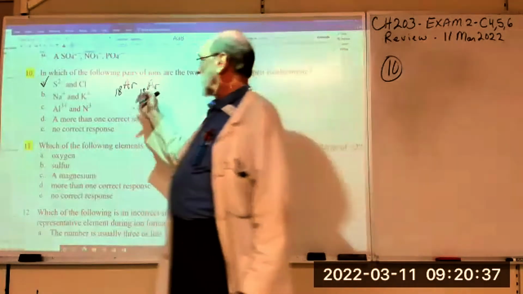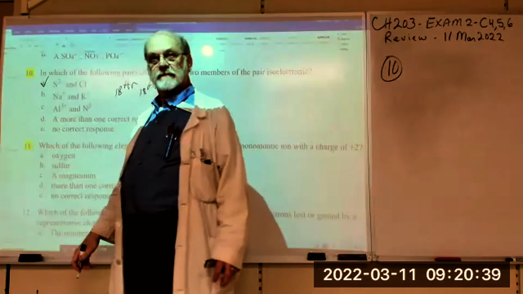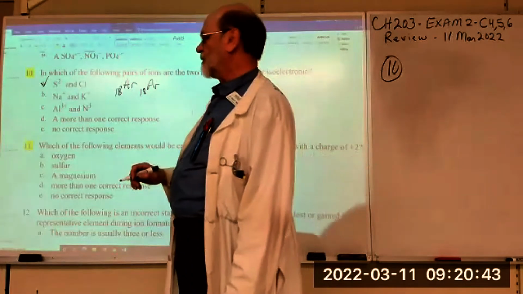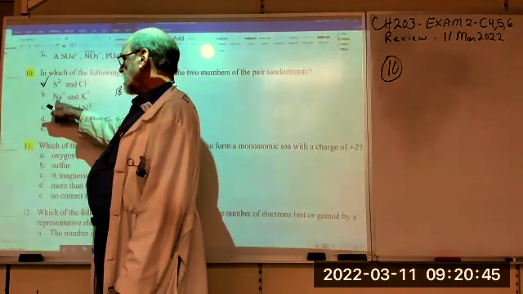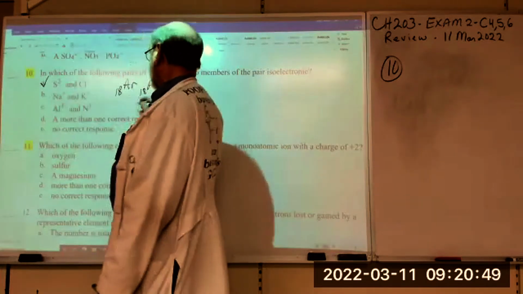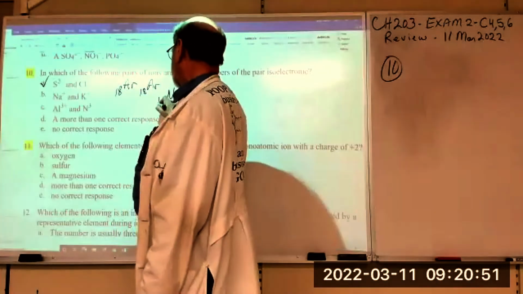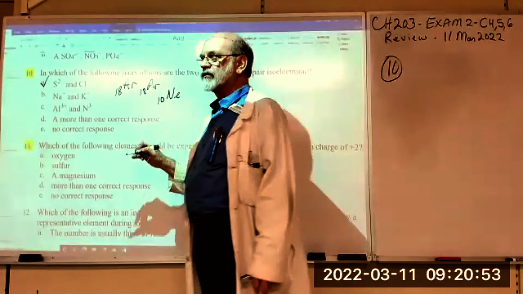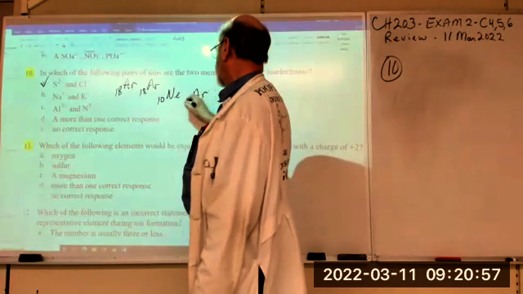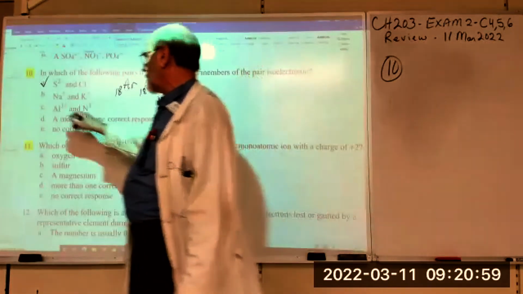With those charges, they both look like argon. Okay, how about sodium and potassium? Well, sodium, losing 1 electron, goes backwards, so it looks like neon. Potassium loses 1. It goes backward, but it looks like argon. So that one can't be.